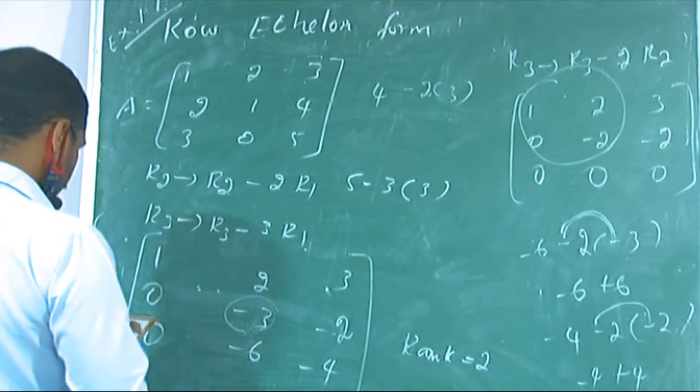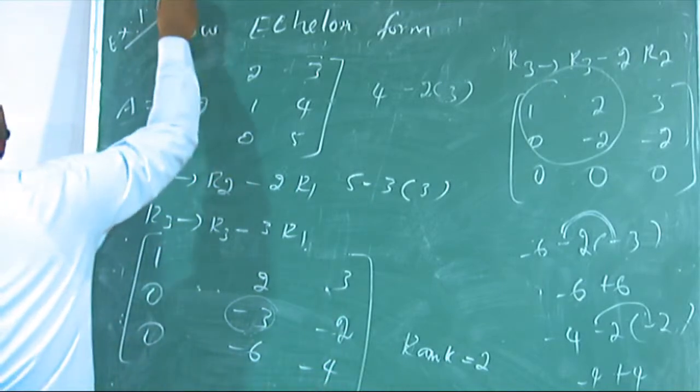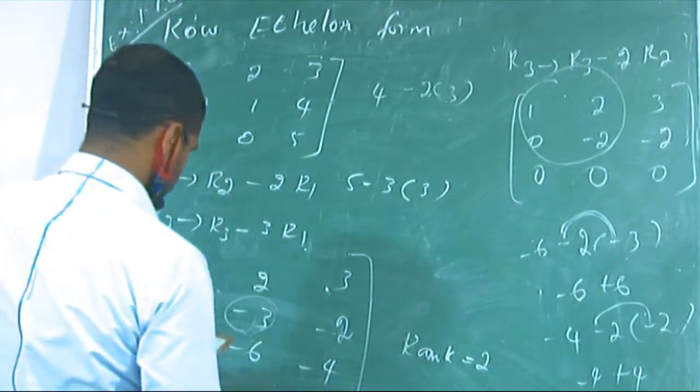Next one, 3 rows and 4 columns. Okay, example 1.18.